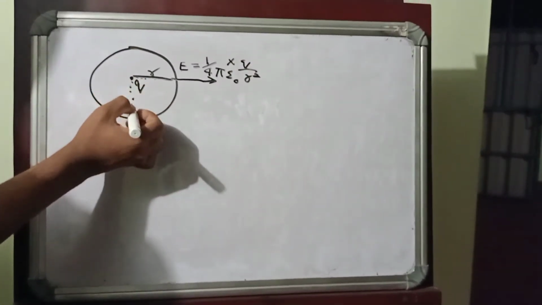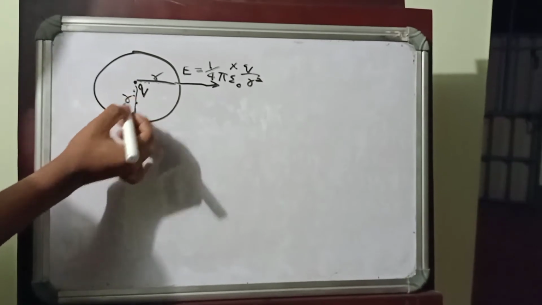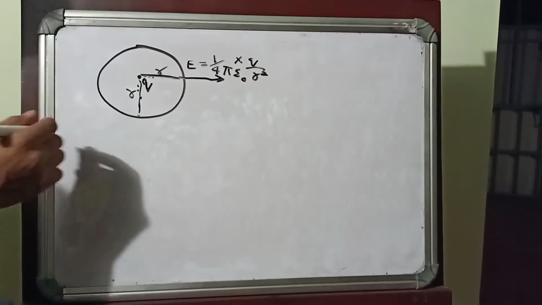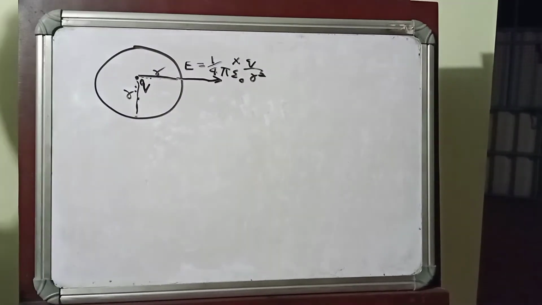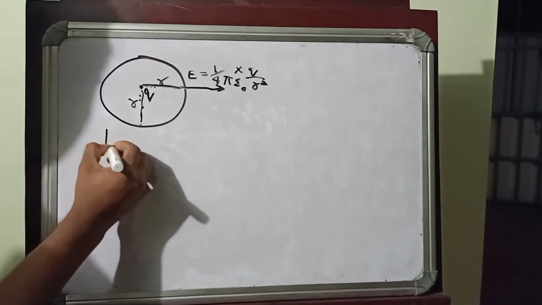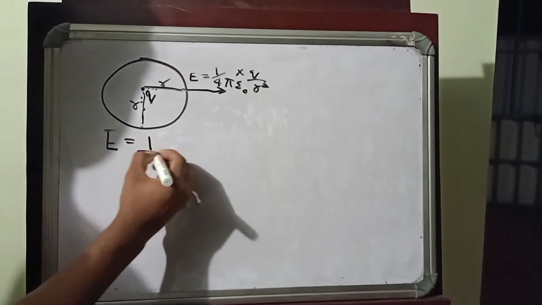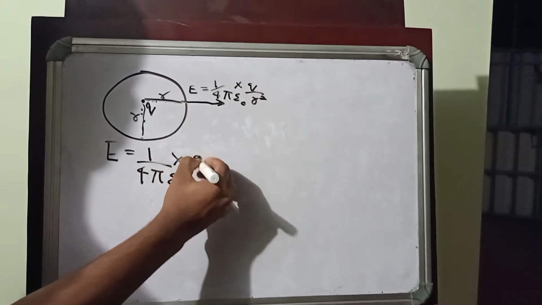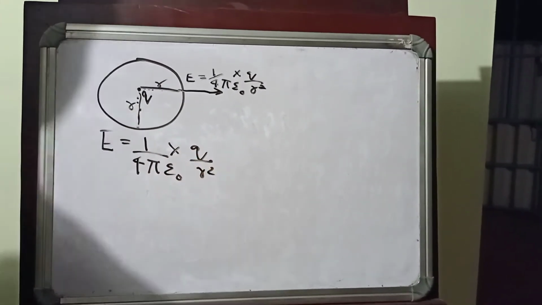Here 4 pi relates to the surface of the sphere, and it is R square because it is the second power of the radius. So E equals 1 by 4 pi epsilon naught into Q by R square.